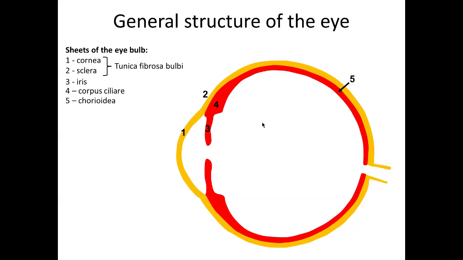Uvea in Latin means the grape. So the dark sorts of grape are quite similar to the tunica uvealis. Again, due to pigments inside of it.